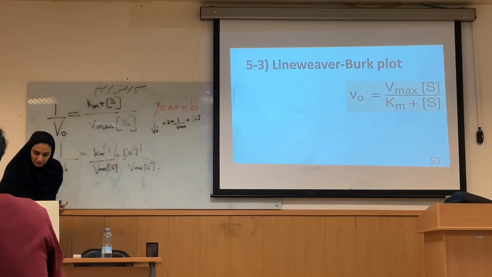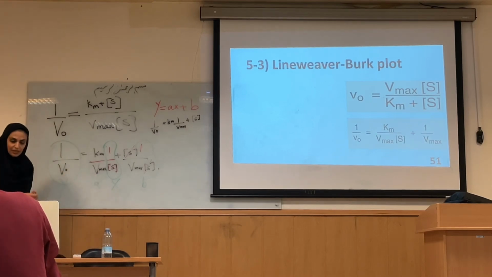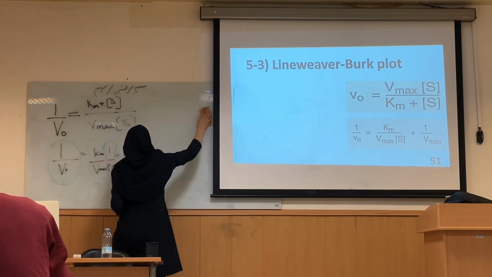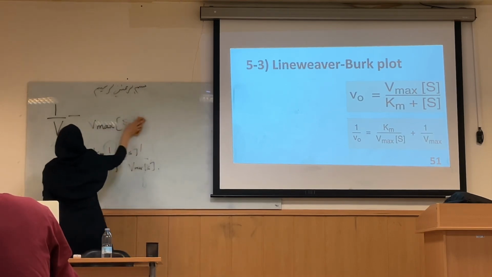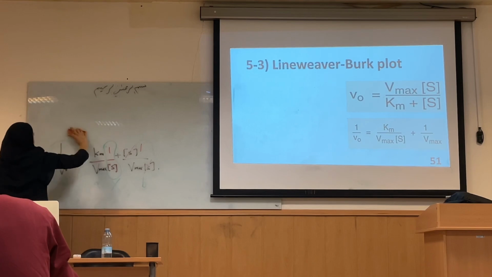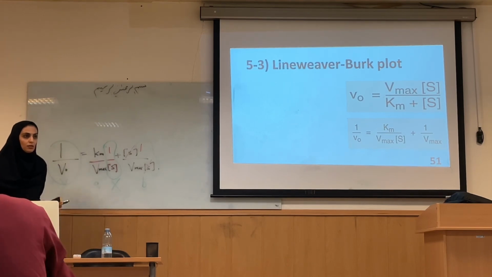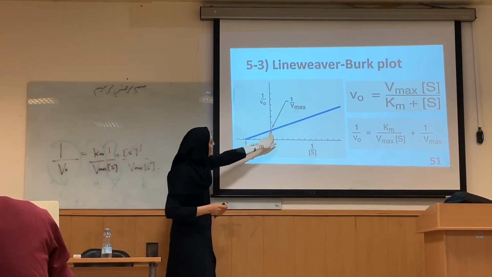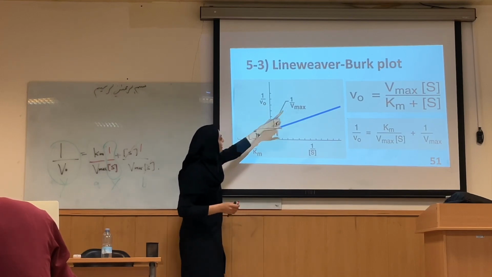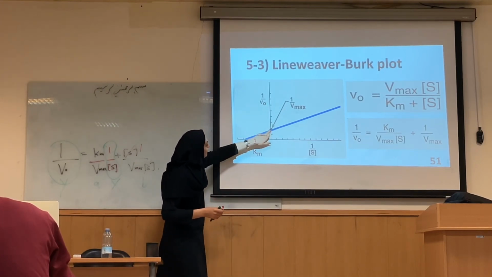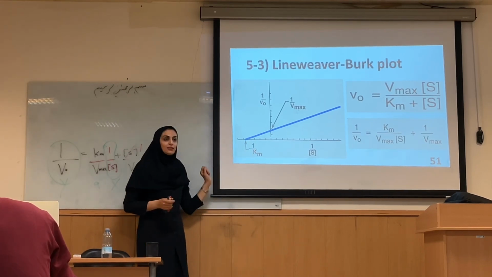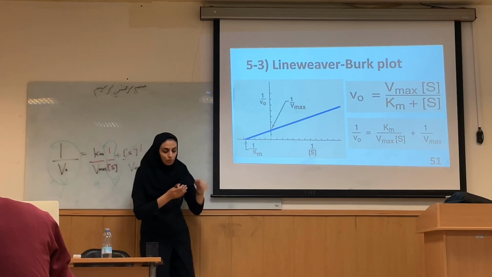You can see the equation completely here, and if I want to draw the curve, you can see that we have 1 over Vmax as the intercept here and minus 1 over Km as the intercept here.